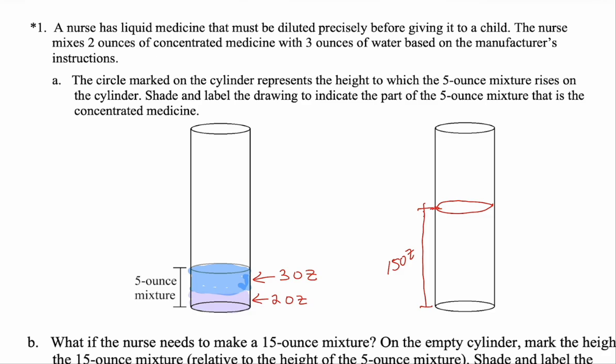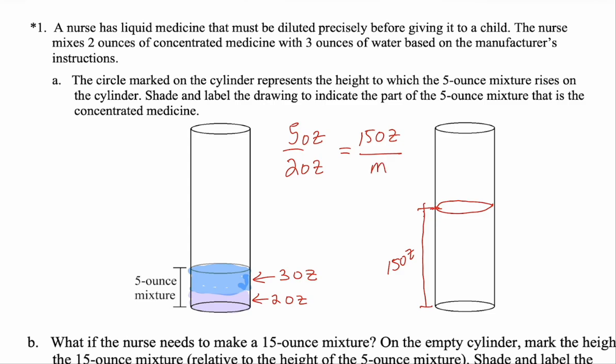So we know that it always has to be a 2 to 3 mixture, okay? So there's a number of ways to do it, but what we can say is, let's talk about just the medicine first. If for 5 ounces, we use 2 ounces of medicine, then 15 ounces total would be how much medicine?